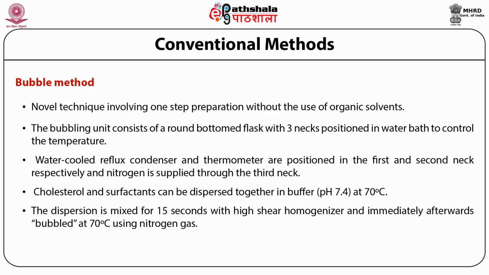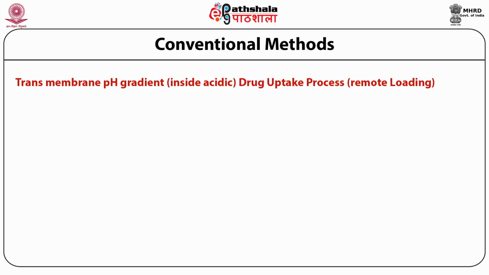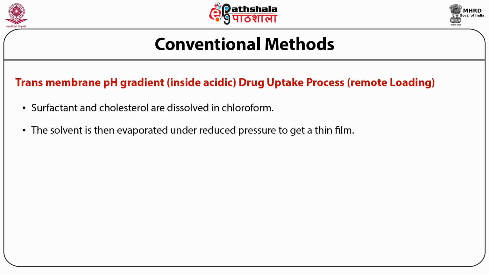and immediately bubbled at 70 degrees centigrade using the nitrogen purge. Transmembrane pH gradient method, also called the drug uptake process or a method for remote loading. In this method, surfactant and cholesterol are dissolved in chloroform. The solvent is then evaporated under reduced pressure to get a thin film.